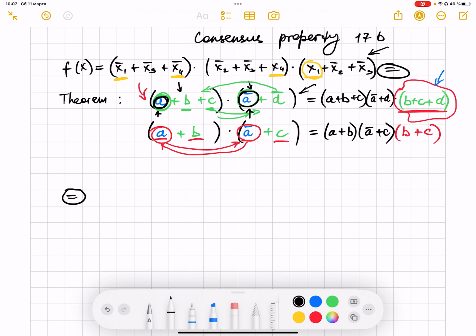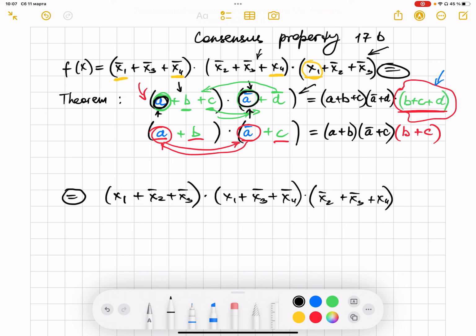So let me copy here again: x1 plus x2 bar plus x3 bar, multiplied by x1 plus x3 bar plus x4 bar. And I'm going to copy this one: x2 plus x3 bar plus x4. So we're taking this as a, right?